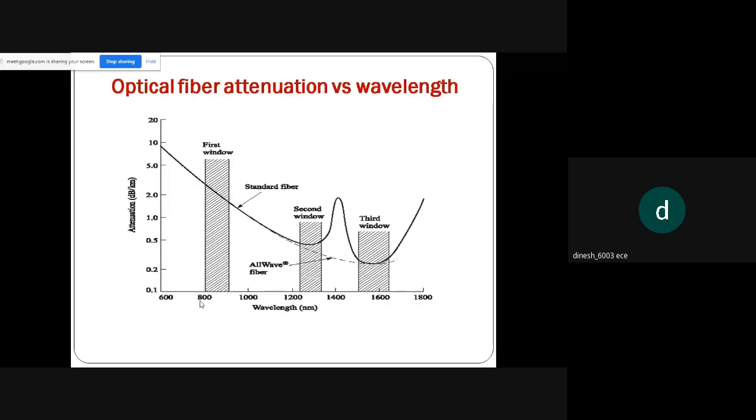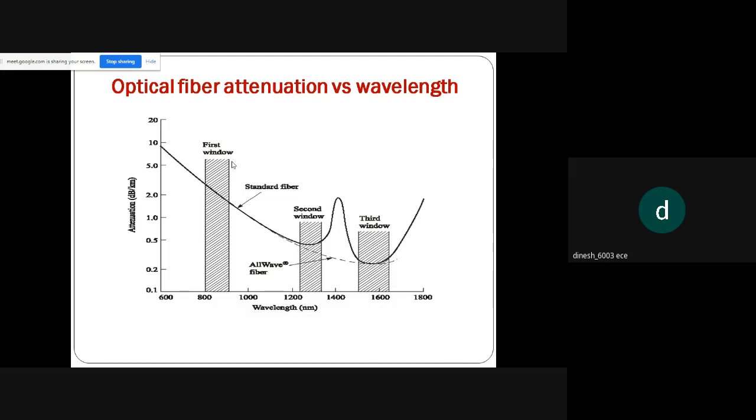The first window system gave attenuation of around 7 decibels per kilometer, meaning that for every kilometer, 7 decibels of signal will be lost. This was operating at around 850 nanometers, lambda equal to 850 nanometer.